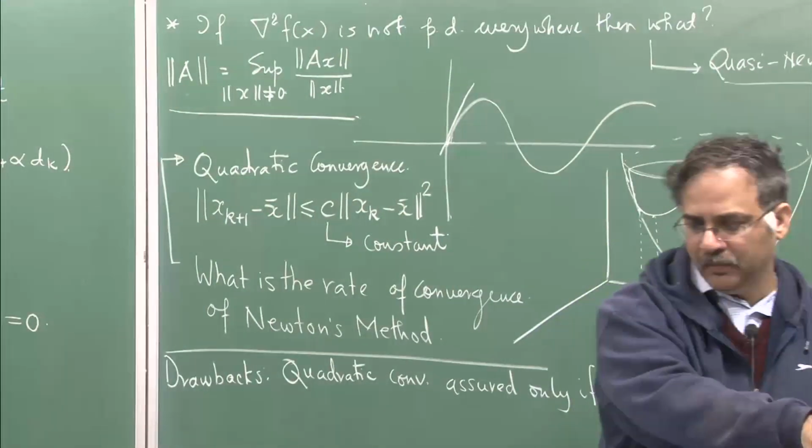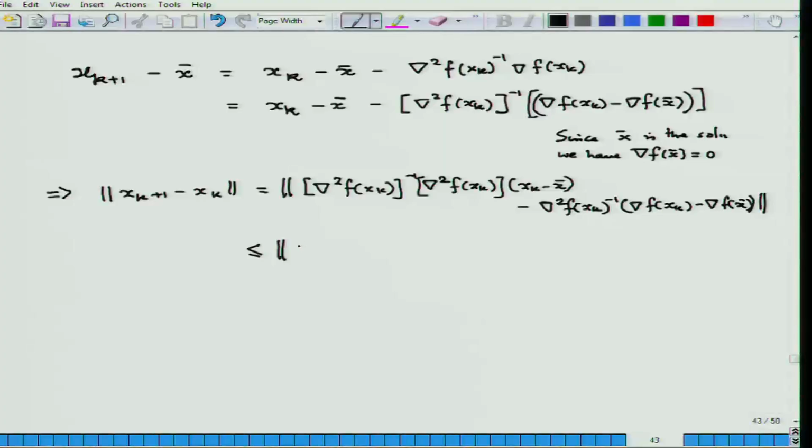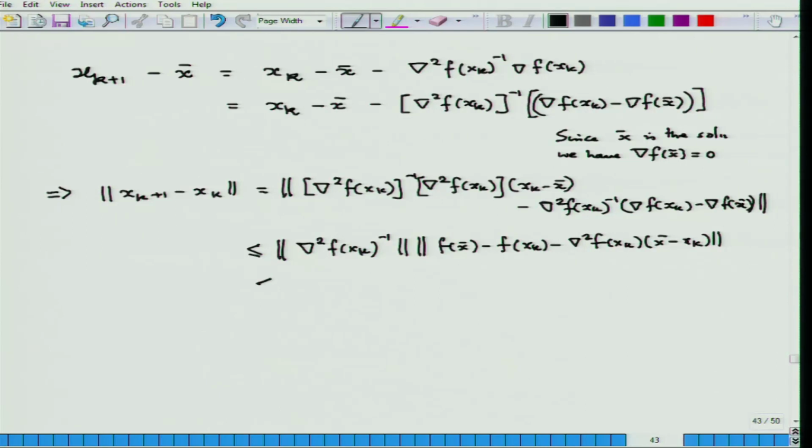So, using that same thing we can write now the norm of grad square f x k inverse into the norm of grad f x bar minus grad f x k minus grad square f x k times x bar minus x k, and this is less than a.